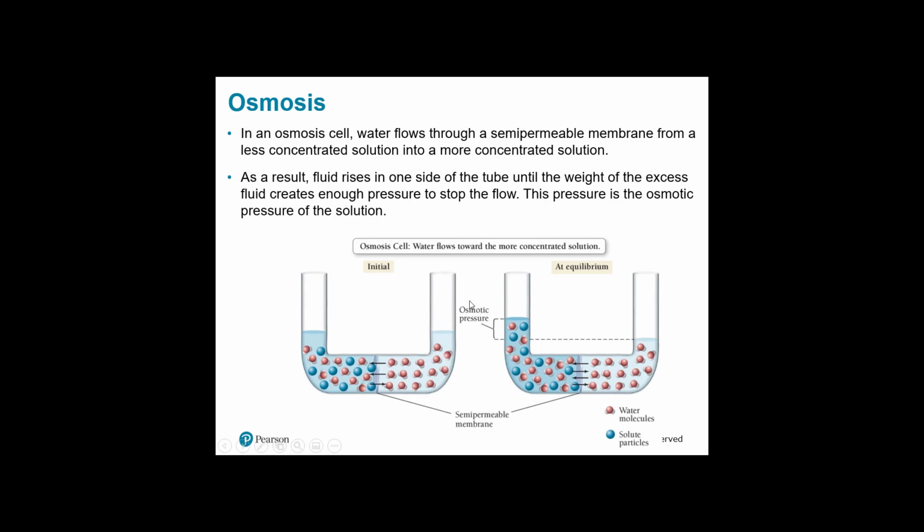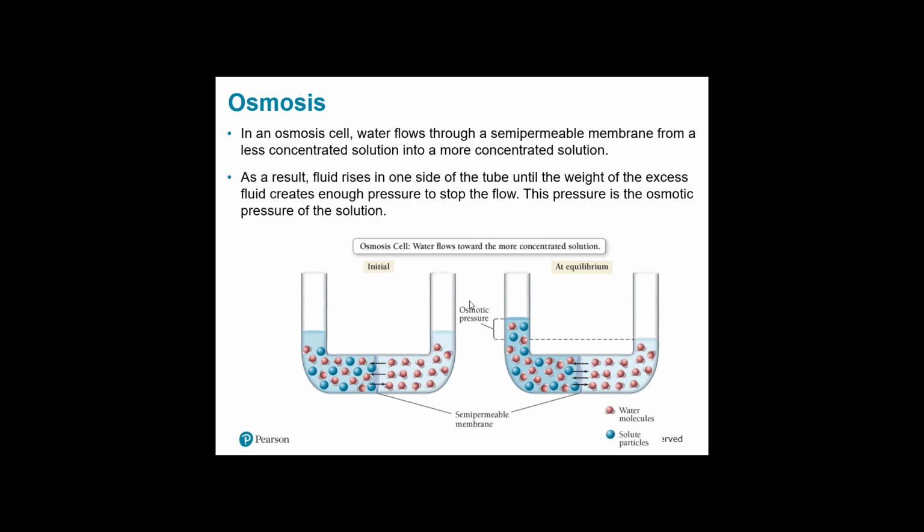This is a U-shaped tube, and it can show you an example of what happens with osmotic pressure. A U-shaped tube is separated by a semi-permeable membrane into two sections.